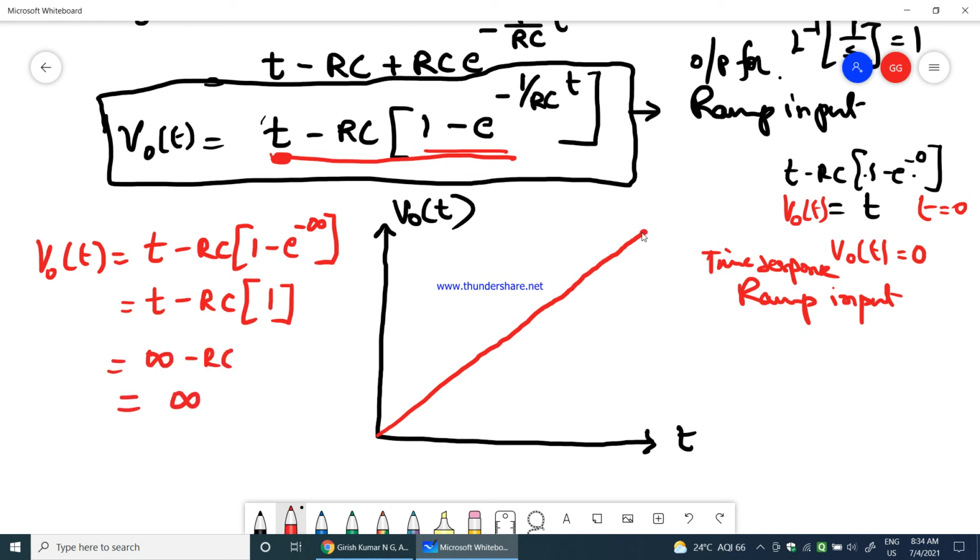Therefore this varies with respect to time. V out of t equals infinity for steady state, so it keeps on increasing. There is no end for v out of t. Fine. So this is the ramp input response for a first order system.